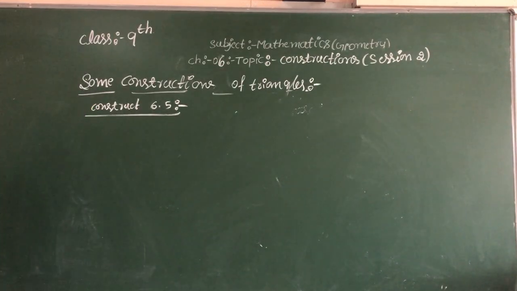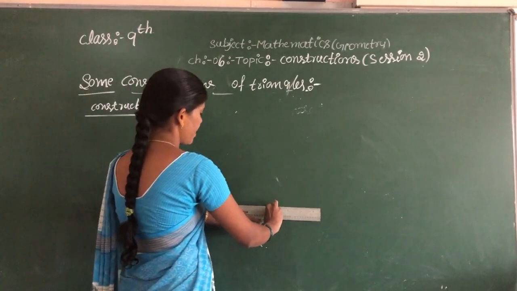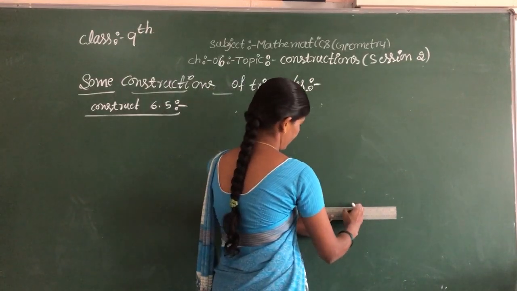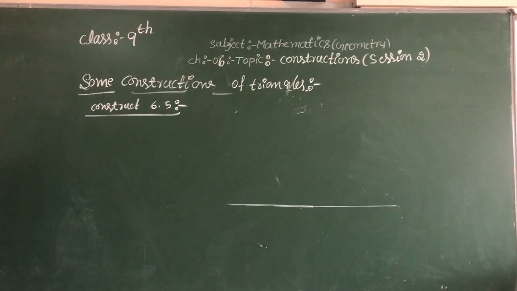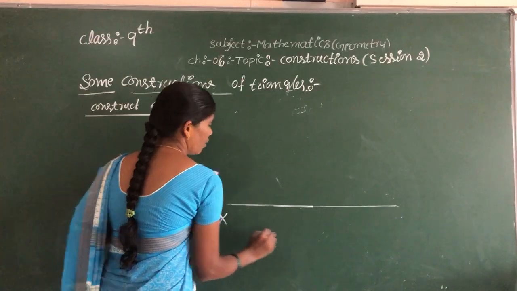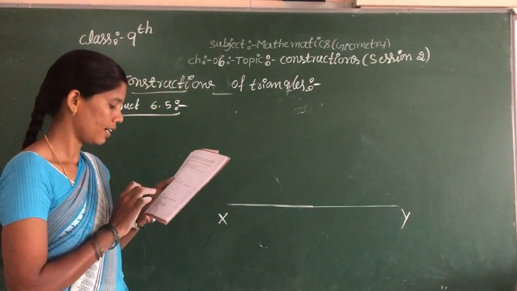So first you should draw that one base. That is XY base. Okay children, you should draw this one base. So you should give that name X, Y, equal to BC.